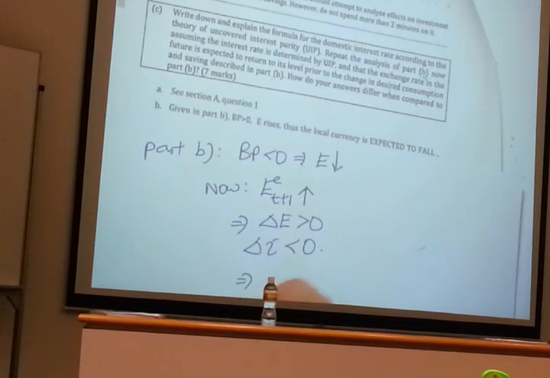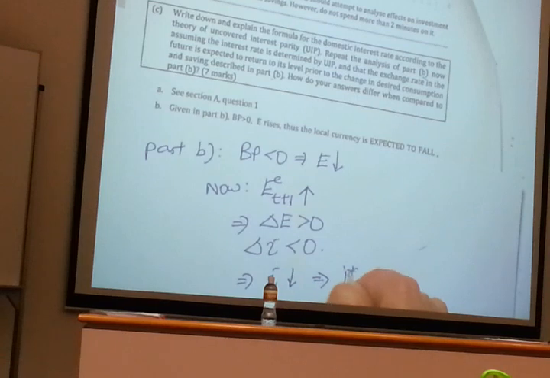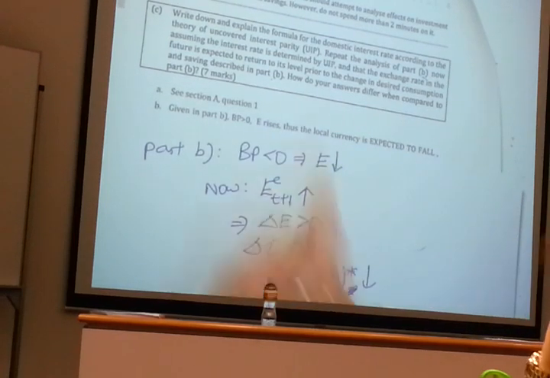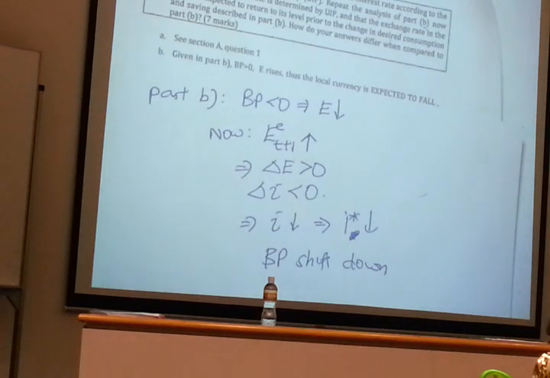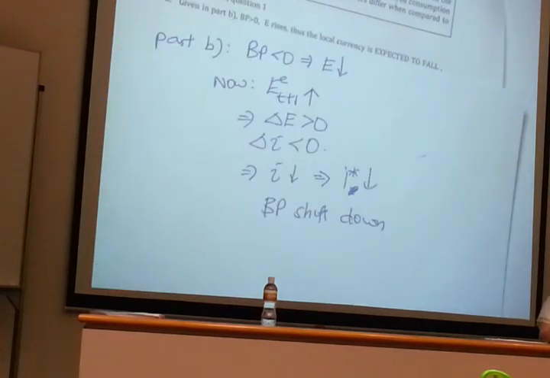Alright, so that tells you local interest rates must drop. Okay, so if local interest rate drops with a horizontal BP, you have to deduce that IS or I star must drop. The BP has to shift down. By doing up to this point, you get 3 marks out of the 7.